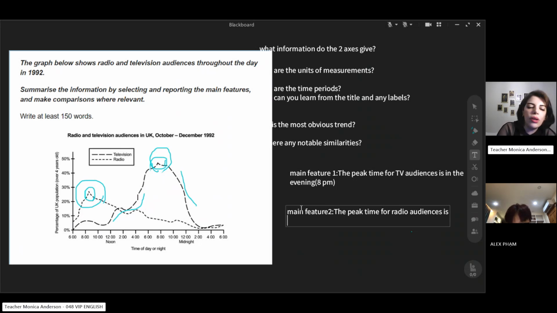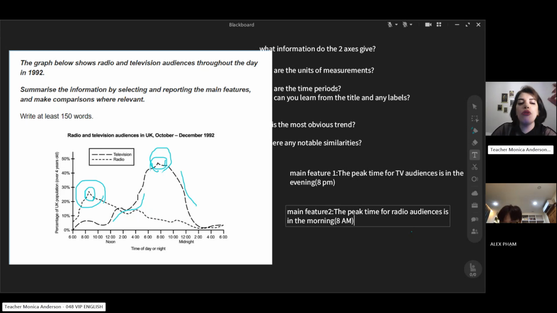That's it, it's in the morning, about 8 a.m. So there are my two main features.